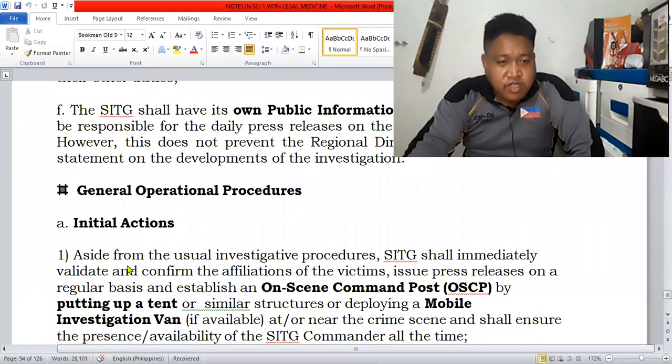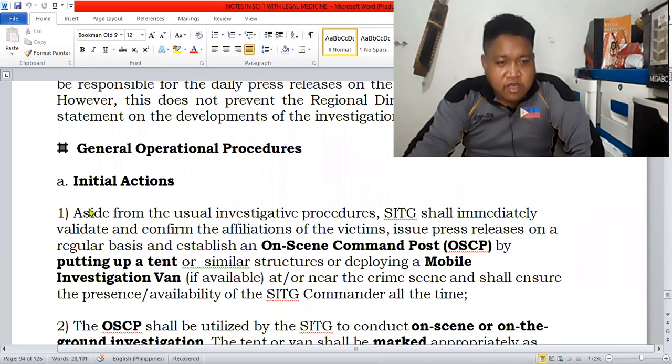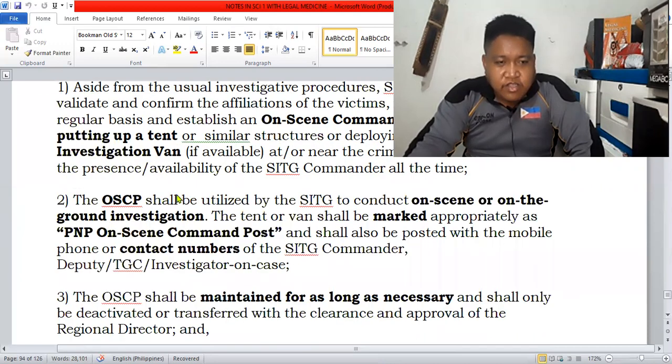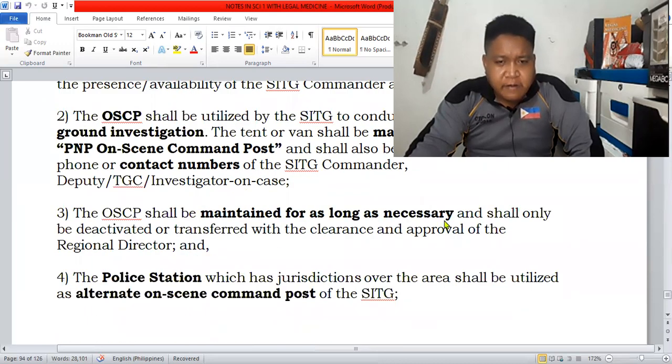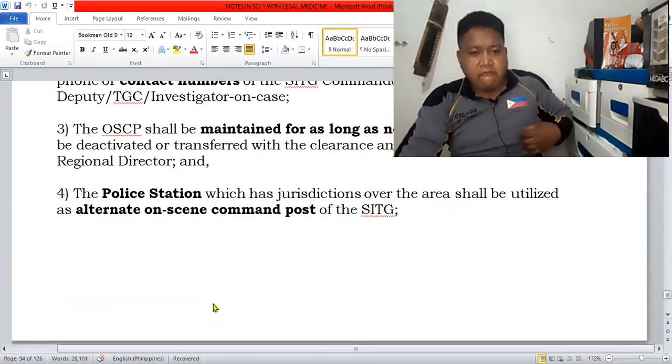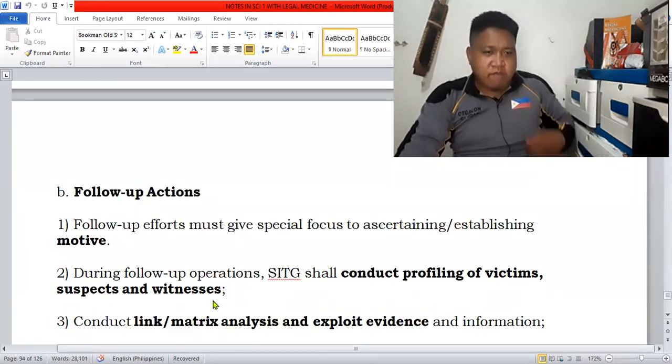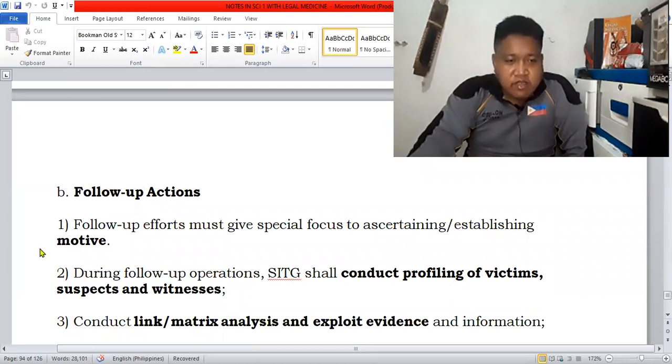General operational procedure, initial action: the OSCP shall utilize it on the scene. Please read that. Then the follow-up actions to be done by the SITG.